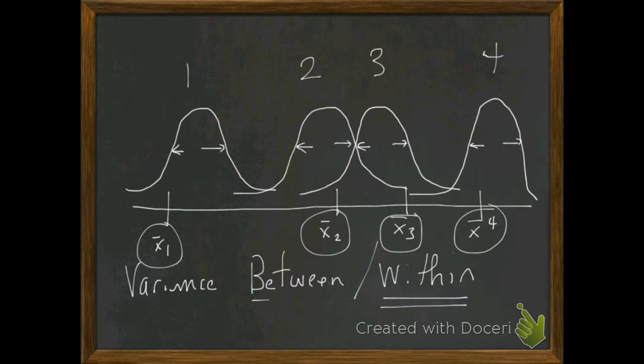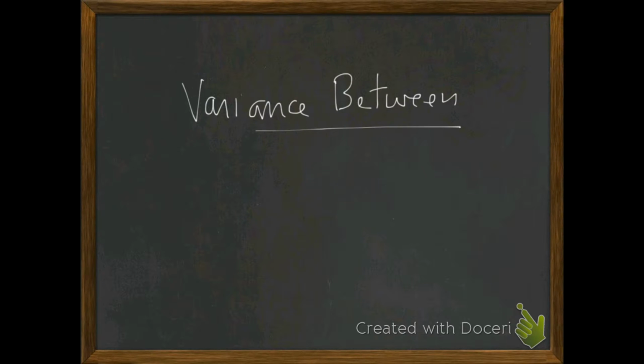Then he thought, well, let's look at the variation between the distributions. And let's look at the ratio of this. So let's look at the ratio of the variance between divided by the variance within.